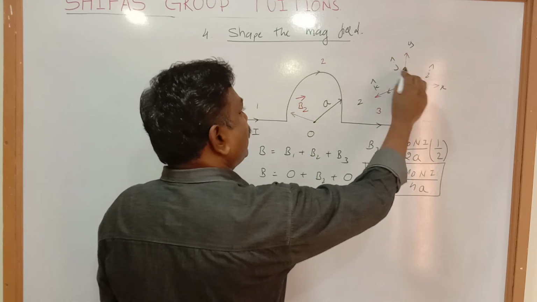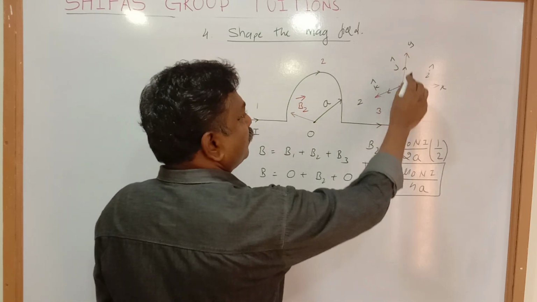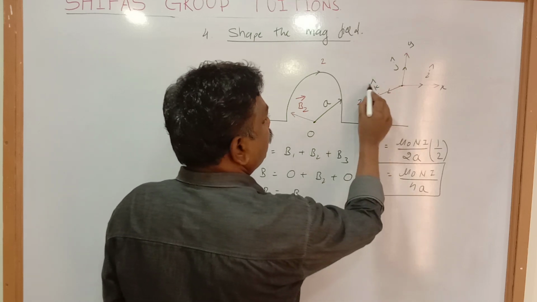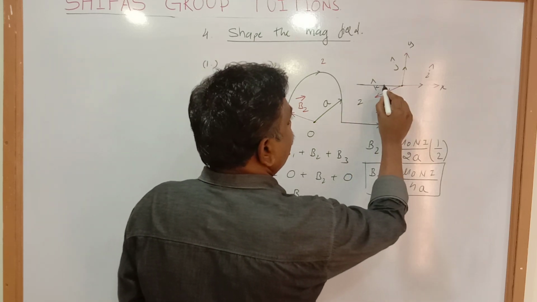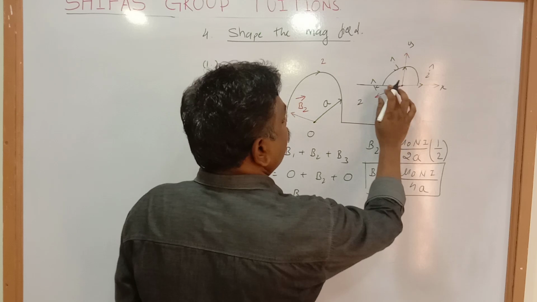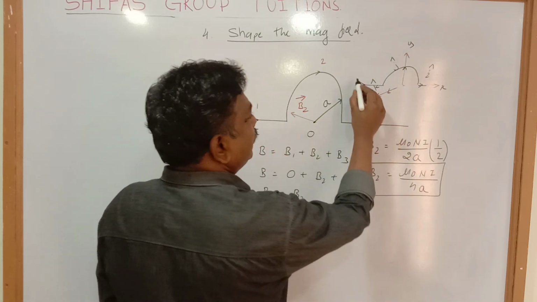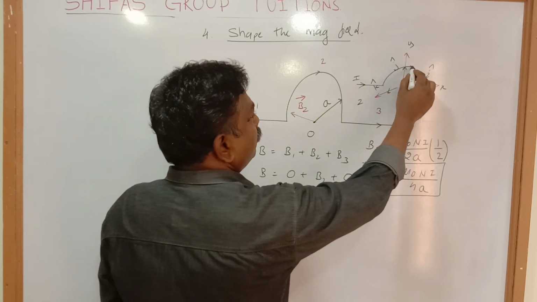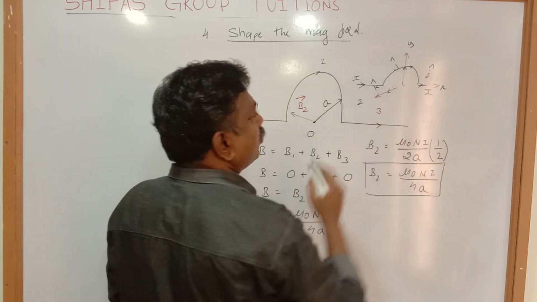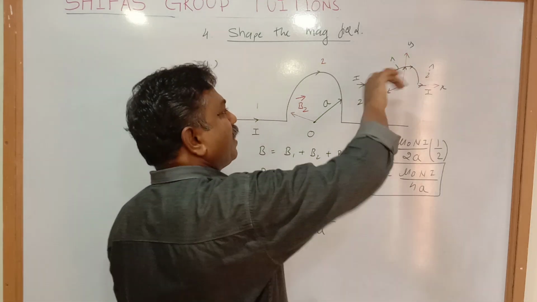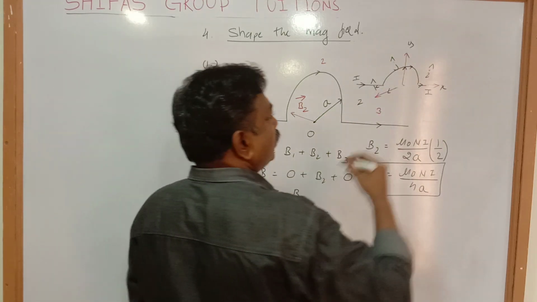The semicircular part is passing like this. Suppose in this case, this is the situation. The current is coming from here, passing through this semicircular part and going from here. Now in this case, look, the strength of the magnetic field is inside the plane.